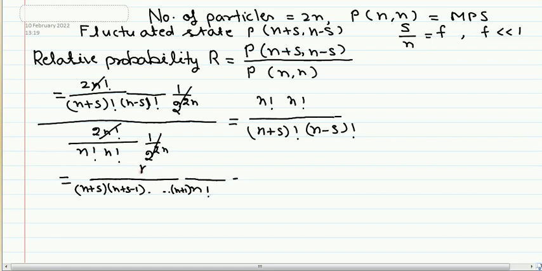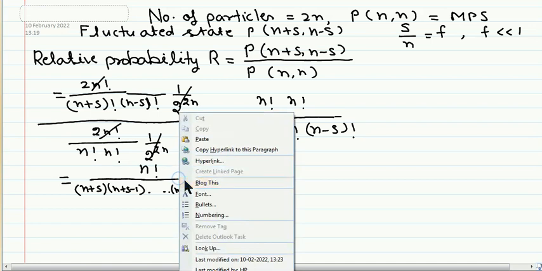So this n factorial we can cancel with the n factorial on top, and therefore I have written it in this manner.